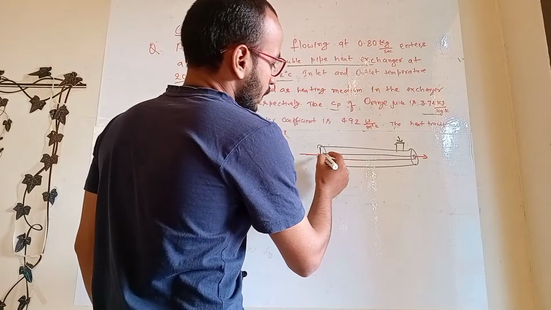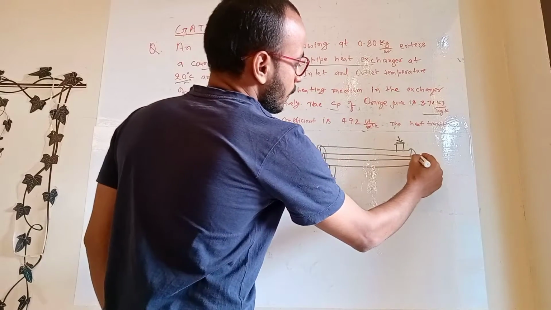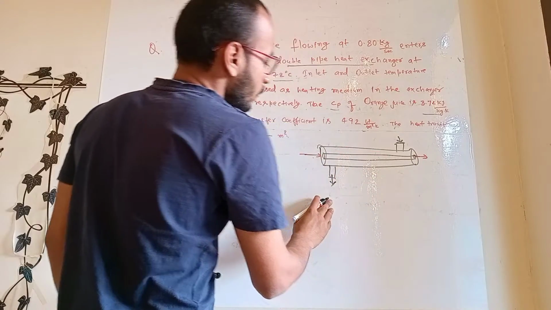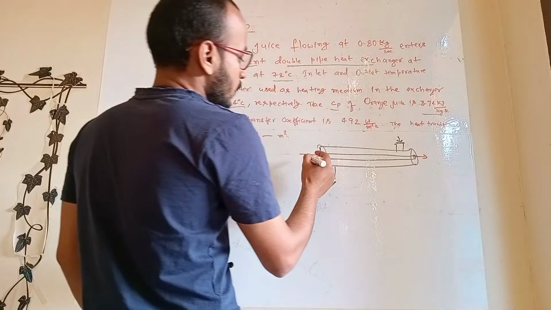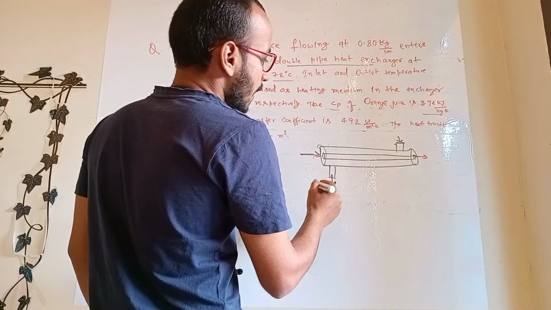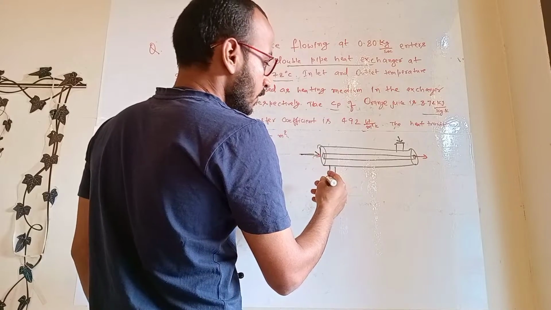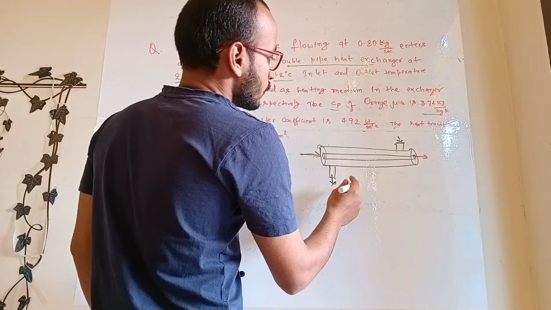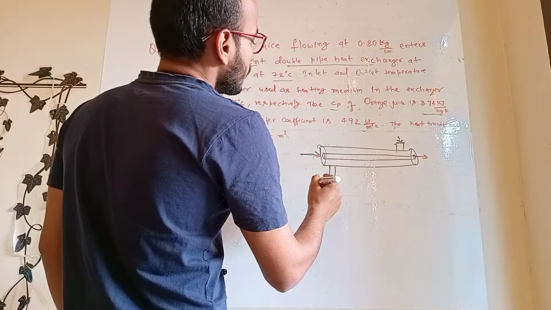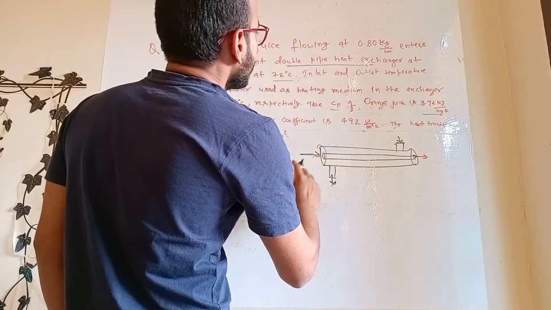You can see in one pipe one fluid flows and in another pipe another fluid flows. It depends on whether we want heating or cooling. Usually at the center we flow the medium which we want to heat or cool. Here you can keep either one, it doesn't matter.